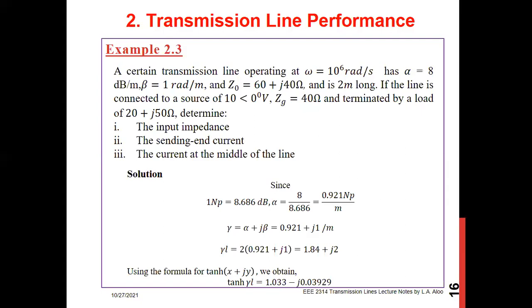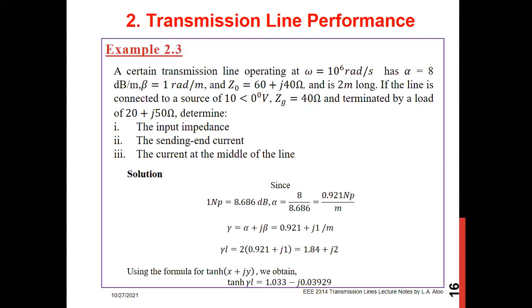A certain transmission line operating at omega equals 10 raised to power 6 radians per second has alpha equals 8 decibels per meter. That's the attenuation. And the phase constant beta is equal to 1 radian per meter. The characteristic impedance Z0 is equal to 60 plus j40 ohms and the line is 2 meters long.